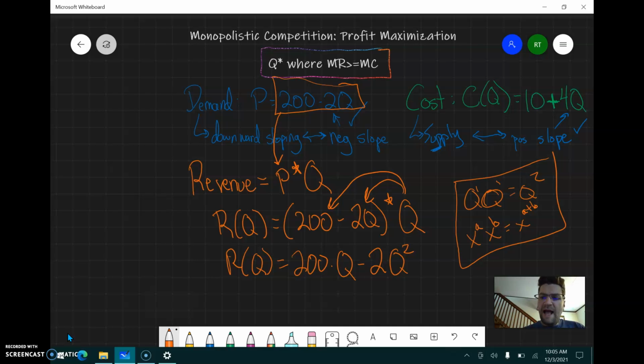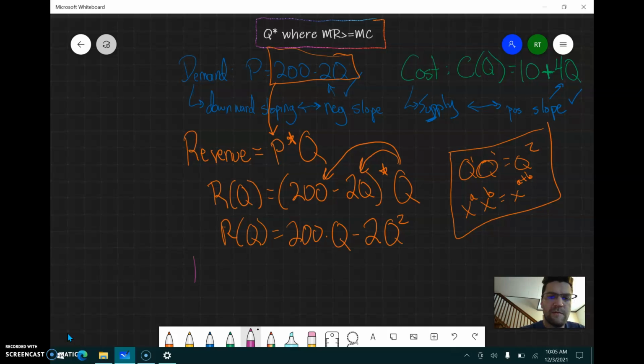So now we're going to either have to do some calculus or we're going to have to use the shortcuts that the book provides in order to get our marginal revenue curve. Switch to a different marker here. So our marginal revenue curve, still a function of quantity, we're going to go ahead and if there's a Q to the 1, we're just going to treat it as if it's a 1. So this ends up being 200 times 1, which ends up just being 200 itself, right?